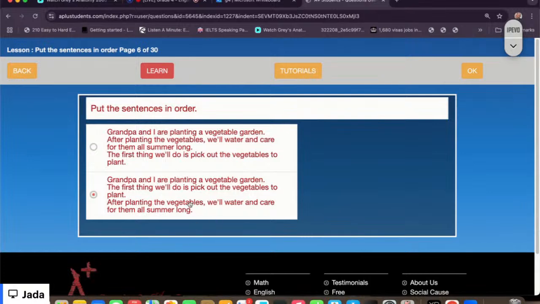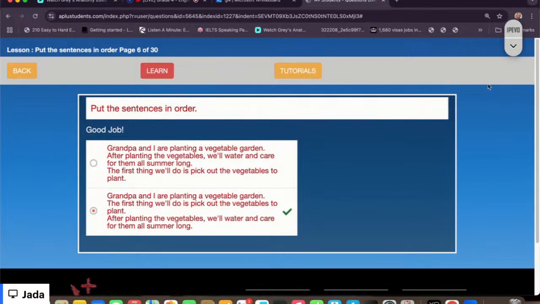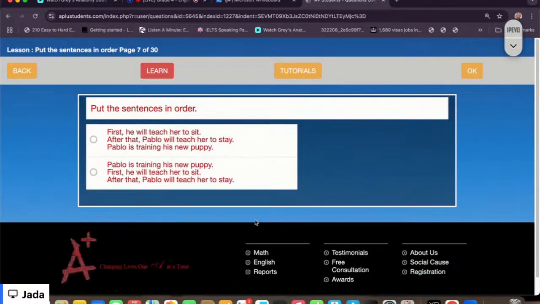Are you tired? So this one. Alright, so put the sentence in other. First, he will teach her to sit. After that, Pablo will teach her to stay. Pablo is training his new puppy.